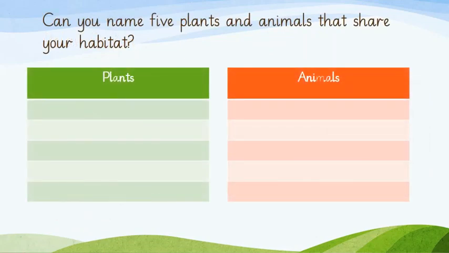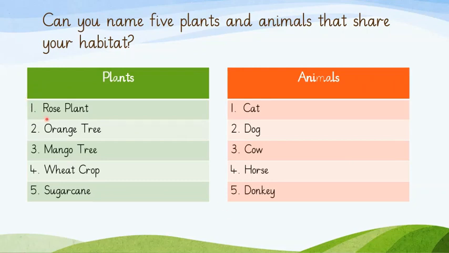Can you name 5 plants and animals that share your habitat? Think of some plants and some animals that are present in the area where you live. You need to put their names in order. You may find some of the following plants and animals present in your area.